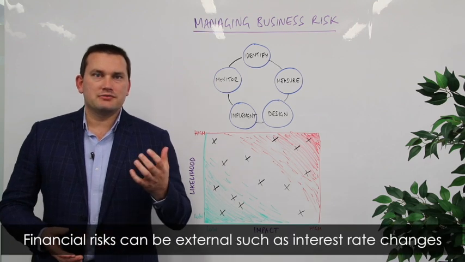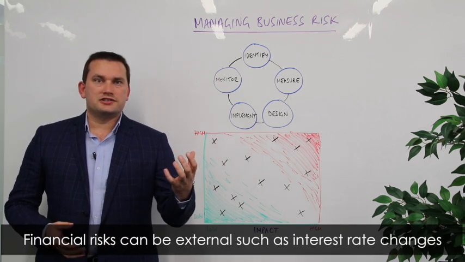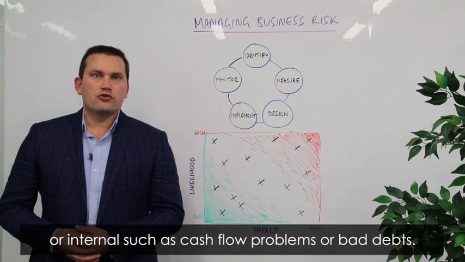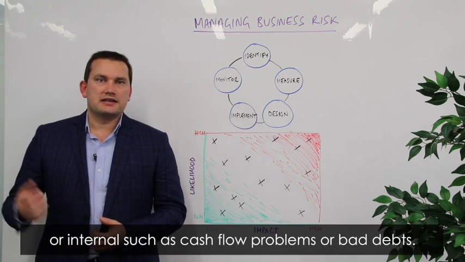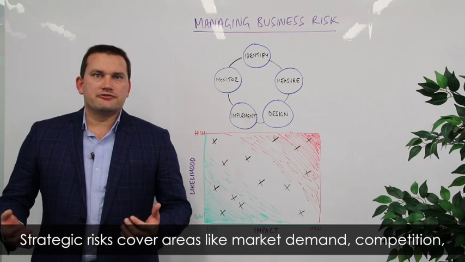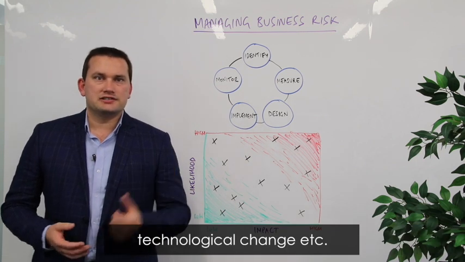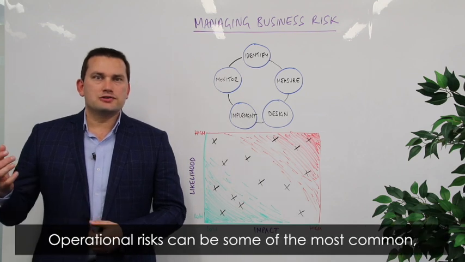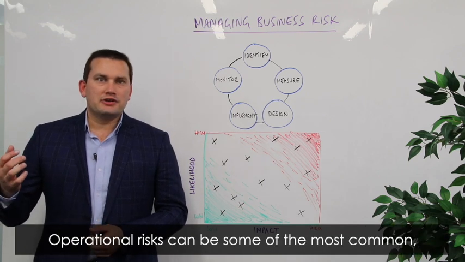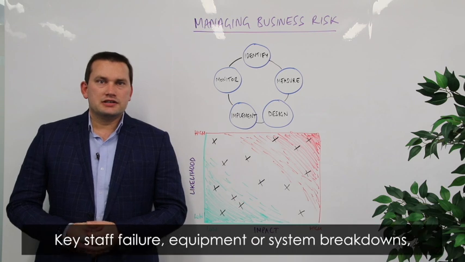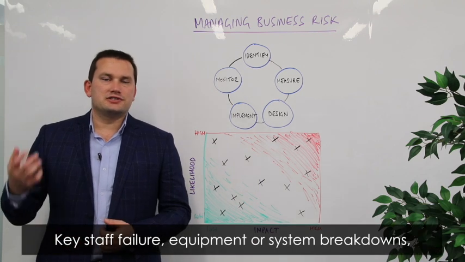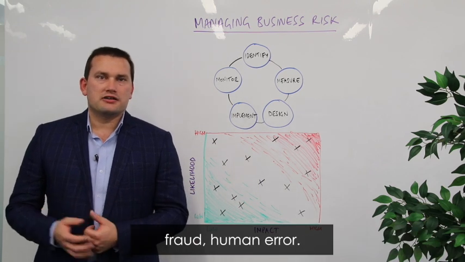Then financial risks can be external, such as interest rate changes or a recession, or internal, such as cash flow problems or bad debts. Strategic risks cover areas like market demand, competition, technological change, etc. And then operational risks can be some of the most common yet unidentified risks. So key staff failure, equipment or system breakdowns, fraud, human error.